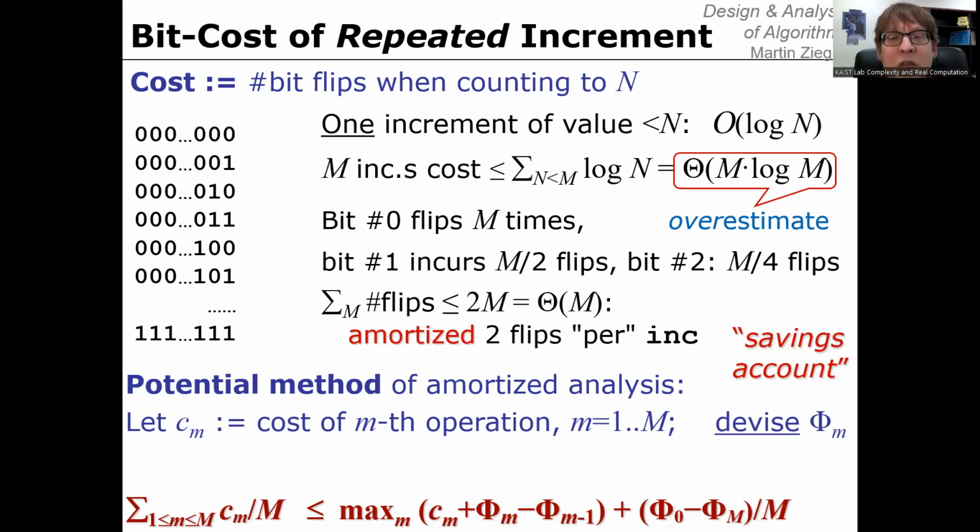And the goal is to devise a kind of policy for ourselves for maintaining the bank account. So we design a policy for maintaining a savings account in such a way that this quantity becomes small. That's a kind of abstract perspective.